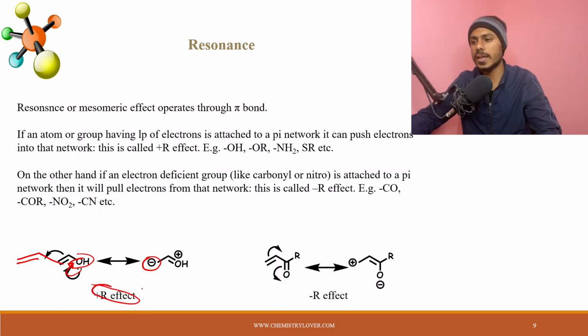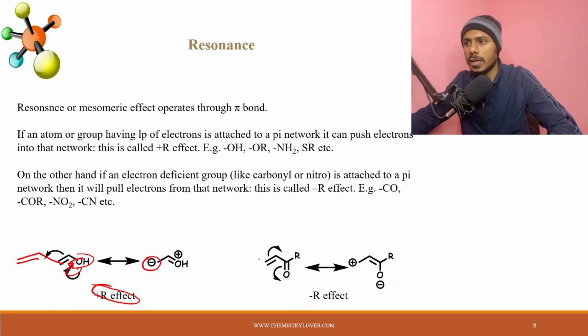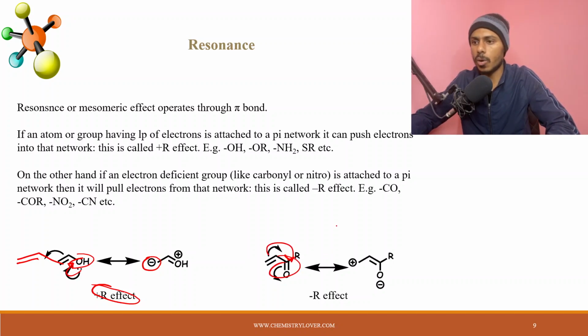But whenever a group which is not having electron pair but having low energy orbital or vacant orbital, they will actually pull electron from the pi system, like this carbonyl group over here, or you may have NO2 group.